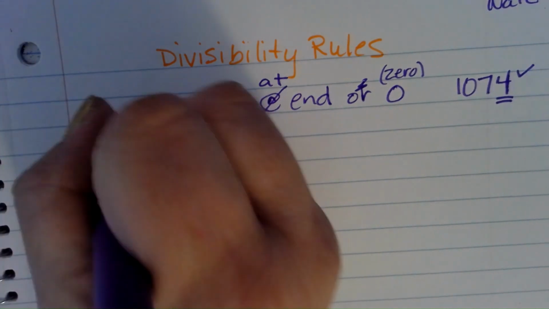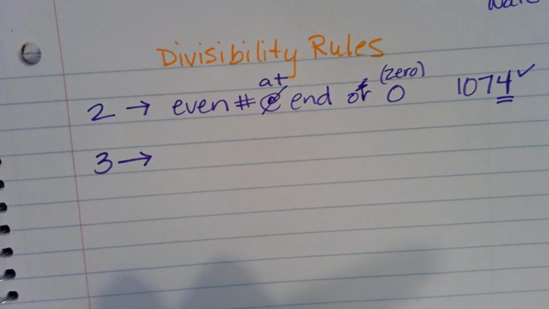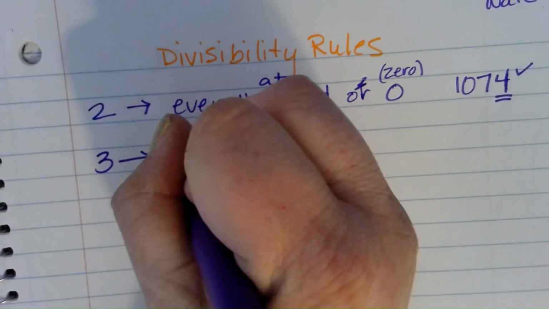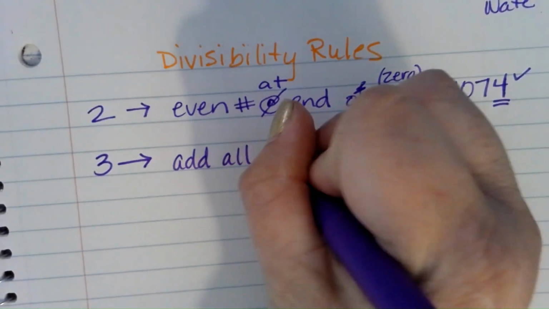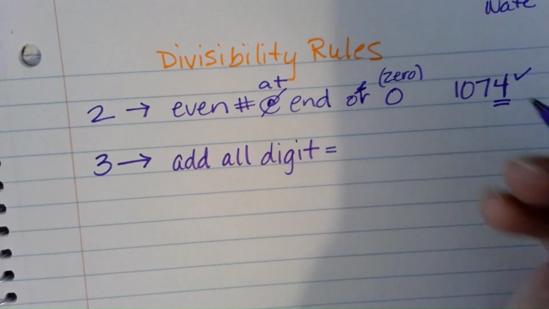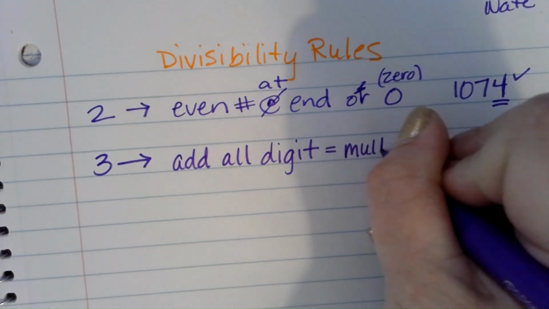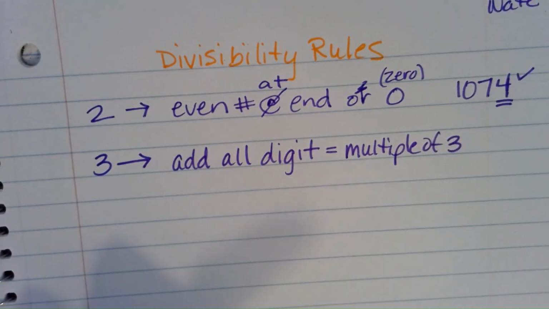All right. For number 3. Now, I can look at any number and know that it's divisible by 3 by adding the digits. And if they equal a multiple of 3, they work. Okay?